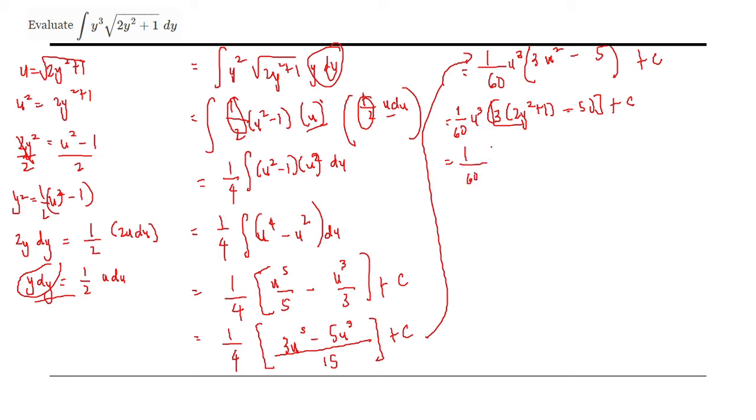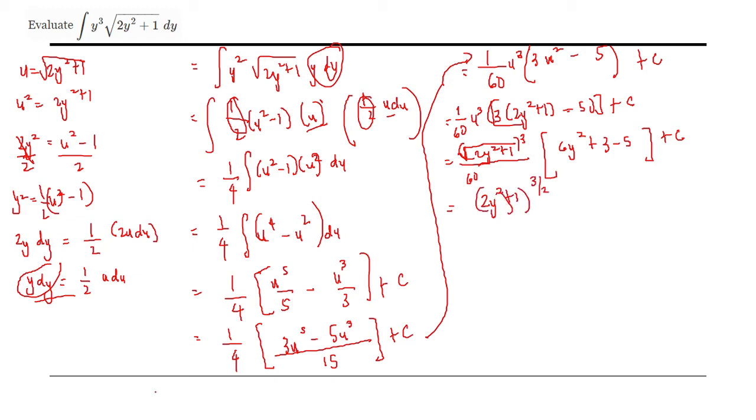Sorry, u cubed should be the square root of 2y squared plus 1 to the power of 3. So this is 6y squared plus 3 minus 5 plus c. So therefore you have 2y squared plus 1 raised to the power of 3 halves.